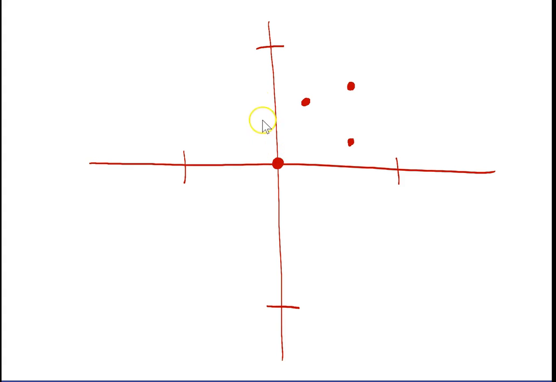At 2 pi over 3, which would be right over here, it's actually a negative root 3 over 2. So we're going to actually go backwards. This angle measures out this way, but we're going to go this way because of the negative value. And 3 pi over 4, 135 degrees, we should have gone out right here, but because it's a negative 1, we're going to go the other way right there.